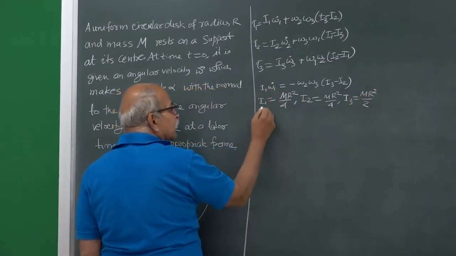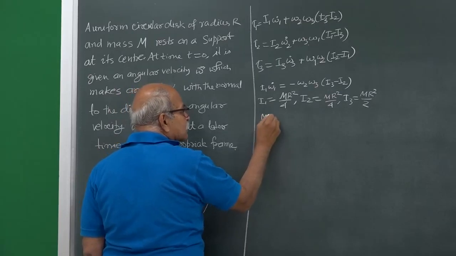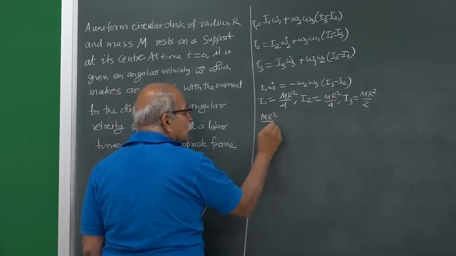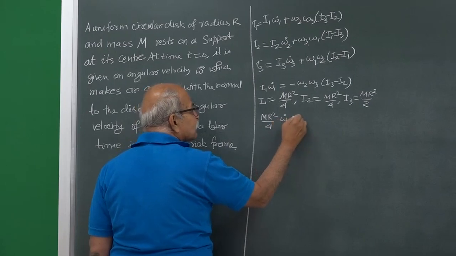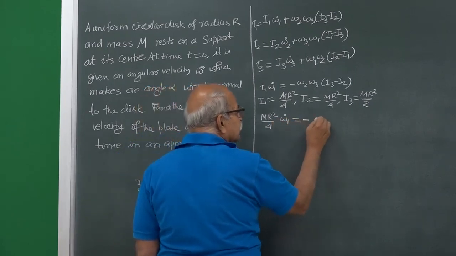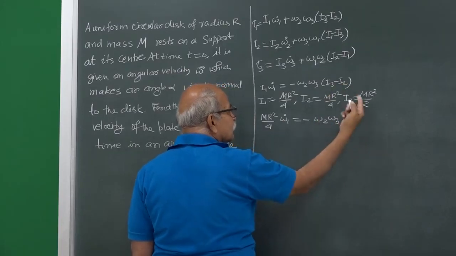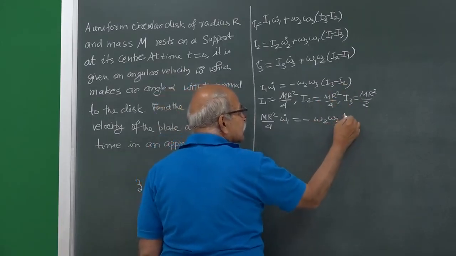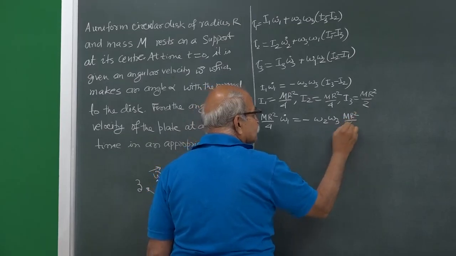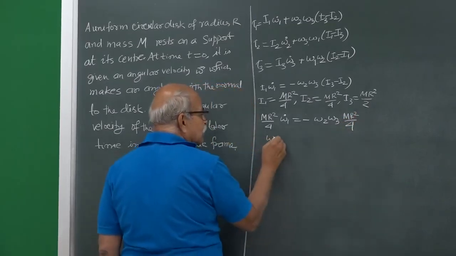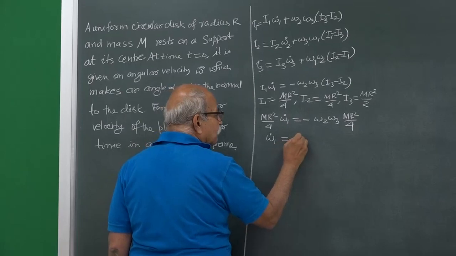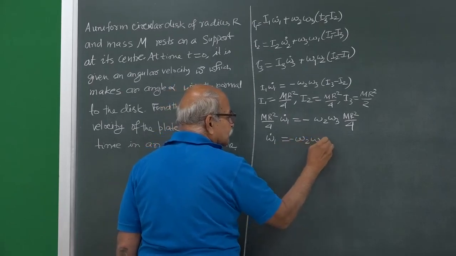So, it gives me I1, which is mr square by 4, times omega 1 dot equal to minus omega 2 omega 3 times (I3 minus I2), this minus this, which is mr square by 4, and therefore, omega 1 dot is equal to minus omega 2 omega 3.